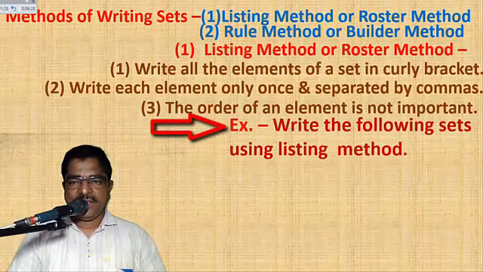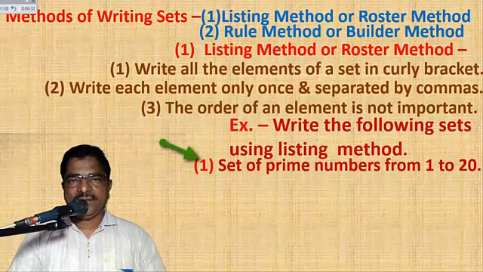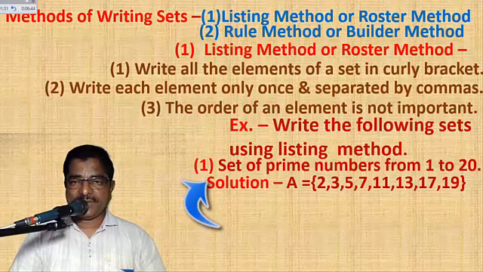Example: write the following sets using the listing method. First example, set of prime numbers from 1 to 20. We write this set in listing method. The set is denoted by capital letter A, and the prime numbers included from 1 to 20. The first prime number is 2.